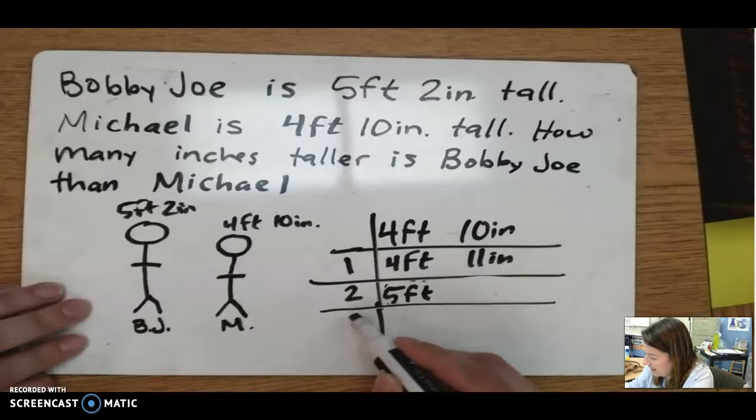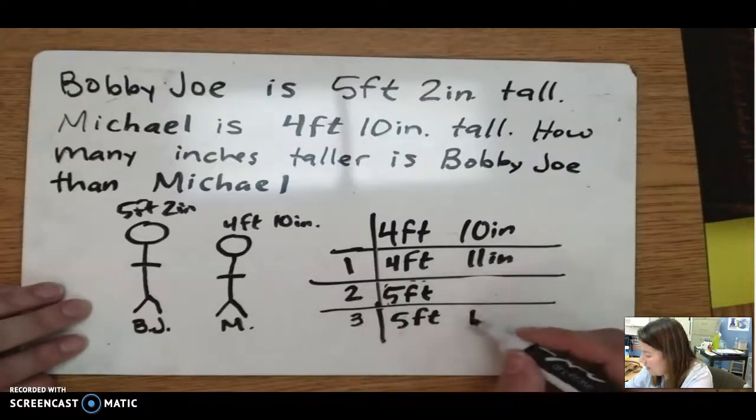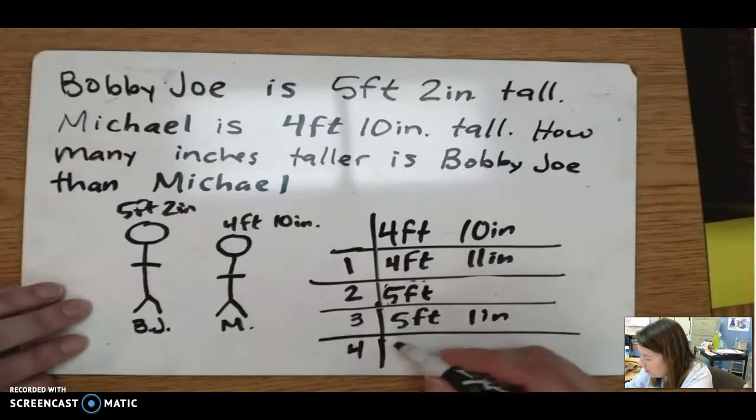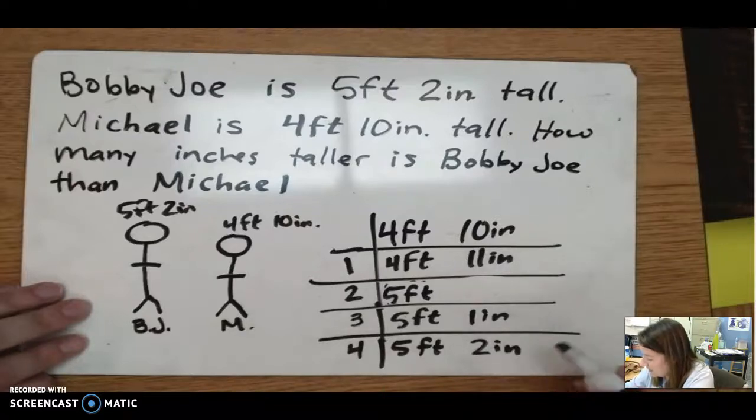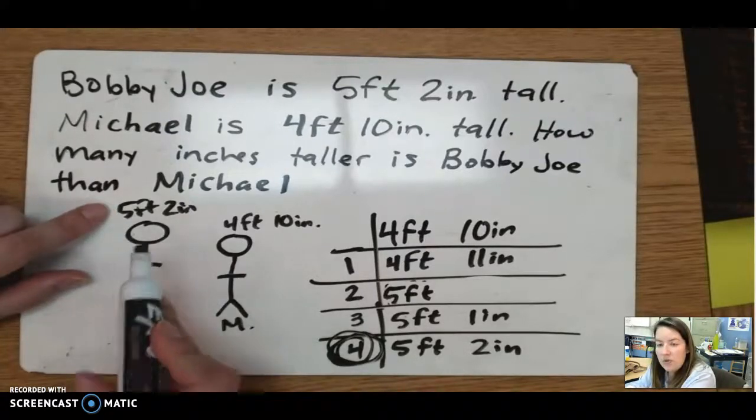So if I add another inch, he would be 5 feet 1 inch. And then if I add 1 more inch, he would be 5 feet 2 inches, the same height as Bobby Joe is now. So 4 inches, he would be up to Bobby Joe's height.